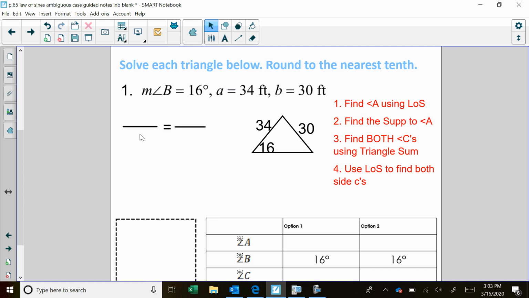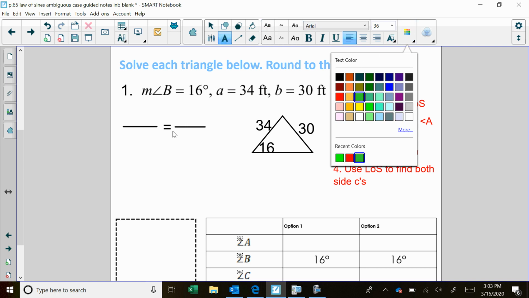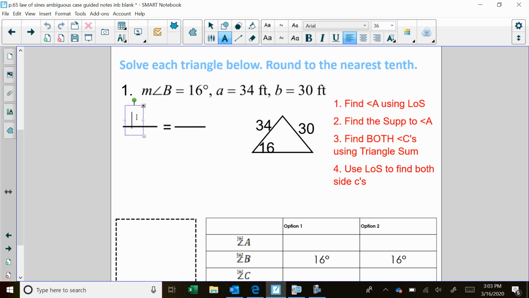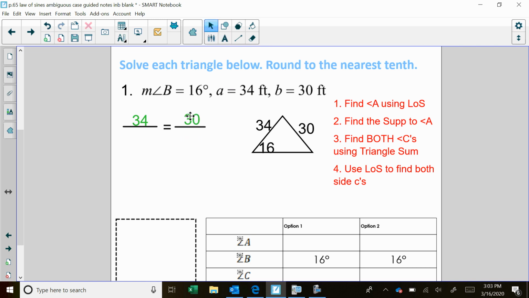All right, so let's put our information on our law of sines proportion over here. We'll put A, 34 on the top. We'll put B, 30 over here. And we've got angle B, so that's going to end up over here.